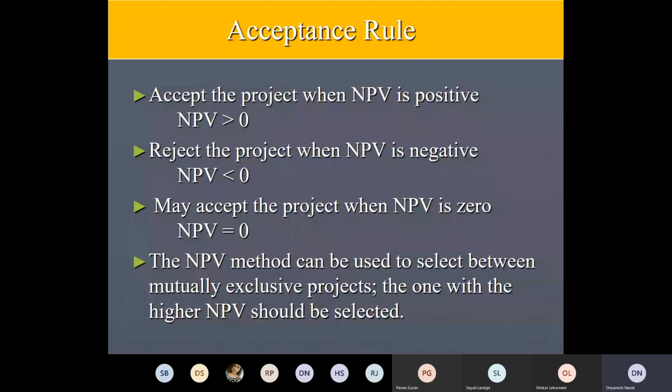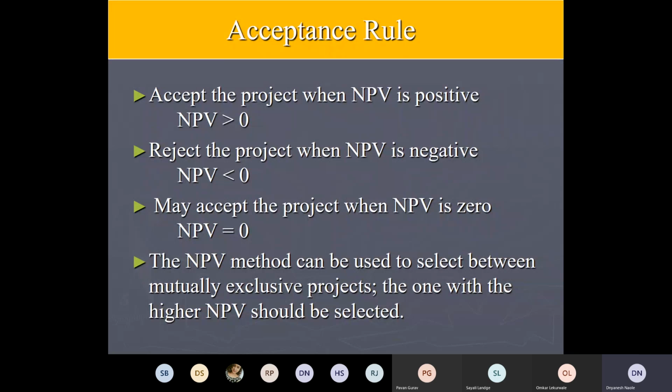Both of them will be evaluated. We are not going to put money in both because they are going to serve the same purpose. The only difference is semi-automatic and automatic. One is going to require more money, another is going to require more labor, so its operating cost will be more. Here operating cost will be less, but the initial investment of capital is more because it is fully automatic.